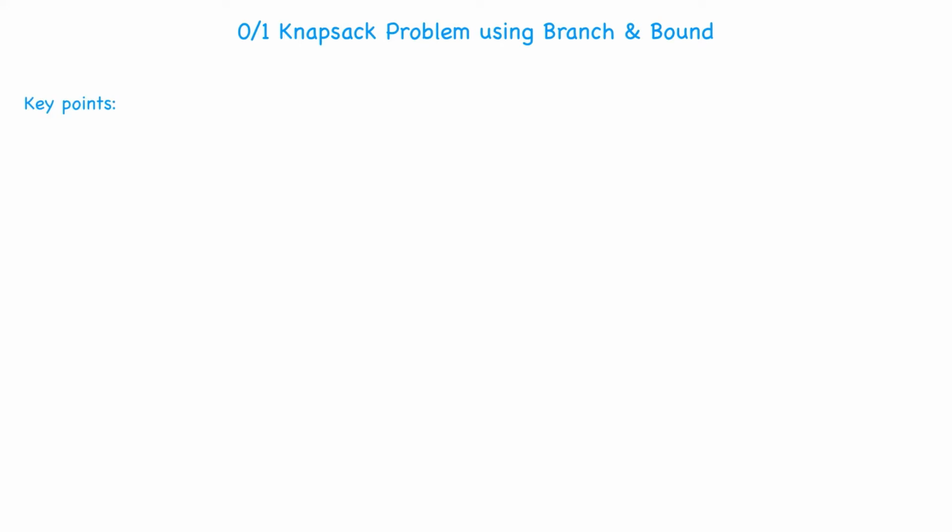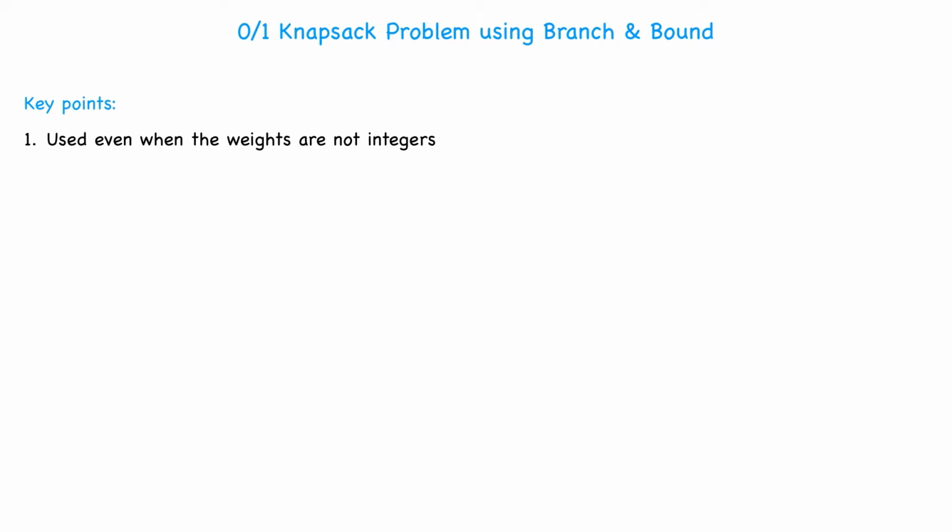First let us discuss some key points about the branch and bound technique, and then we will specifically discuss the mathematical terminology which we use in branch and bound. First and foremost, this branch and bound technique can be applied even if the weights are not integers.